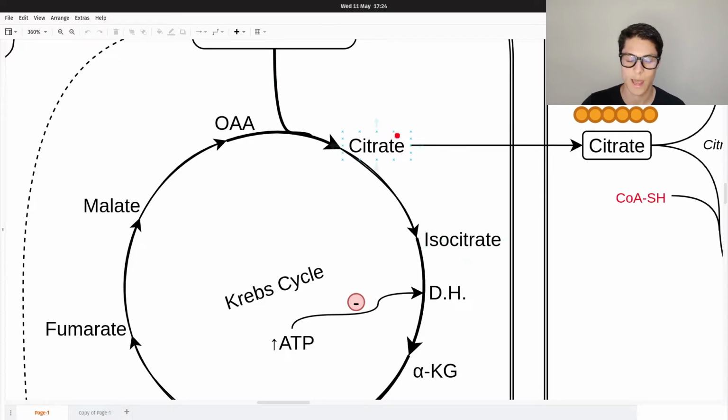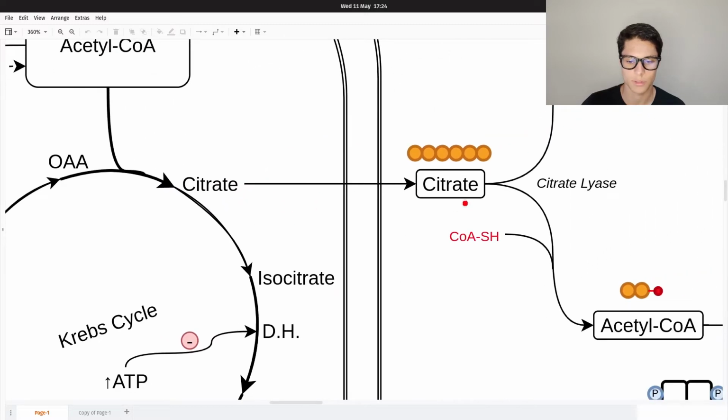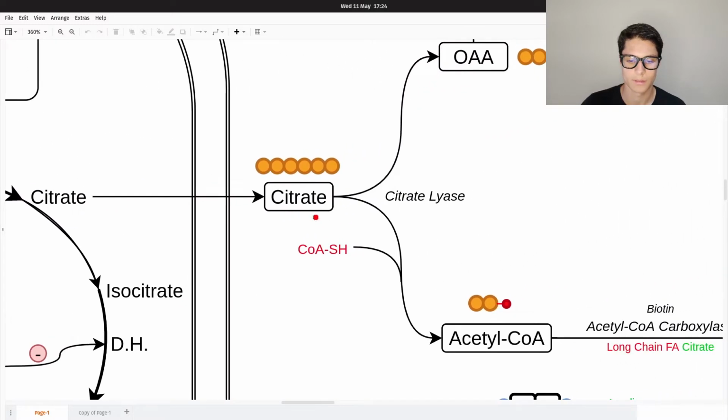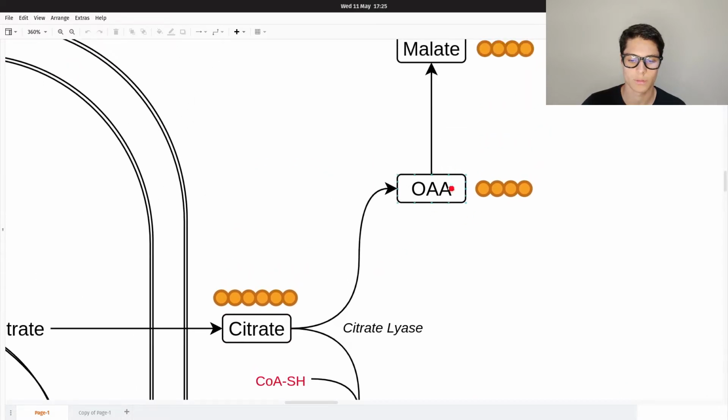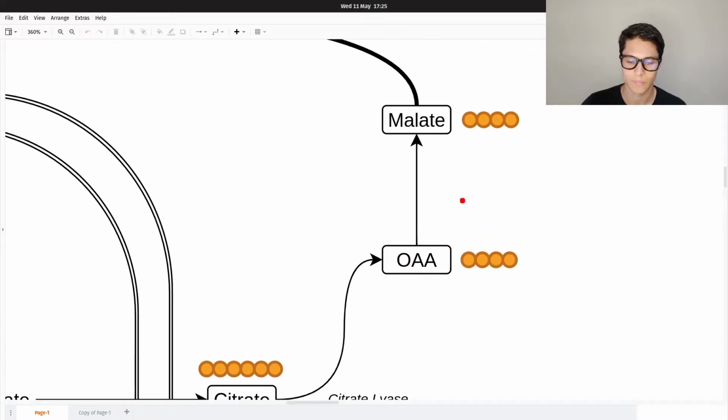Citrate can get outside of the mitochondrion, and a special enzyme will wait for citrate outside. Citrate lyase will split the citrate into two molecules. One is one we already know from the Krebs cycle, oxaloacetate, which has 4 carbons.